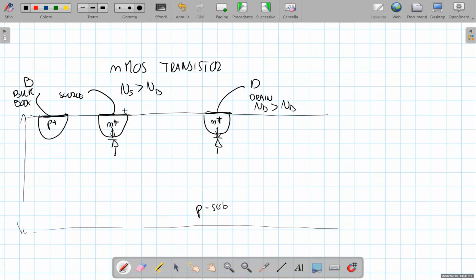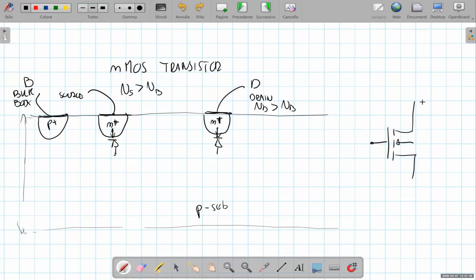On the top of this structure, these two terminals are also represented in the symbol of this device. This structure is also characterized by its own electrical symbol, which is like this.